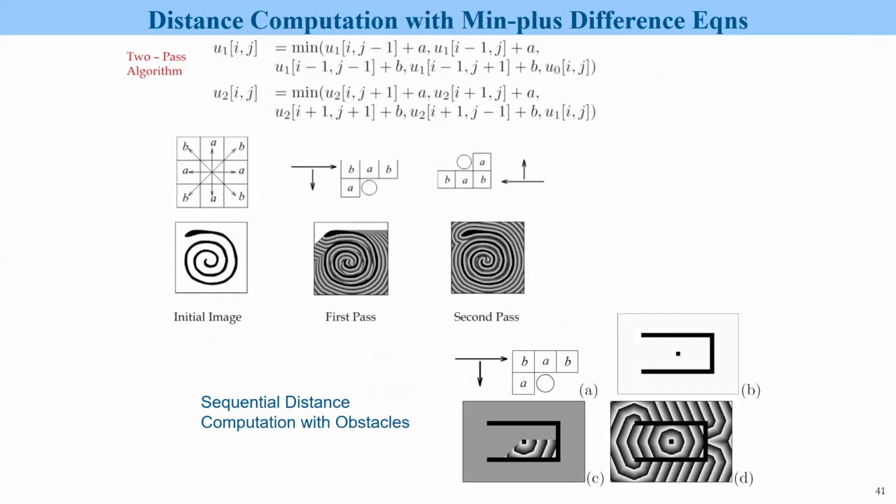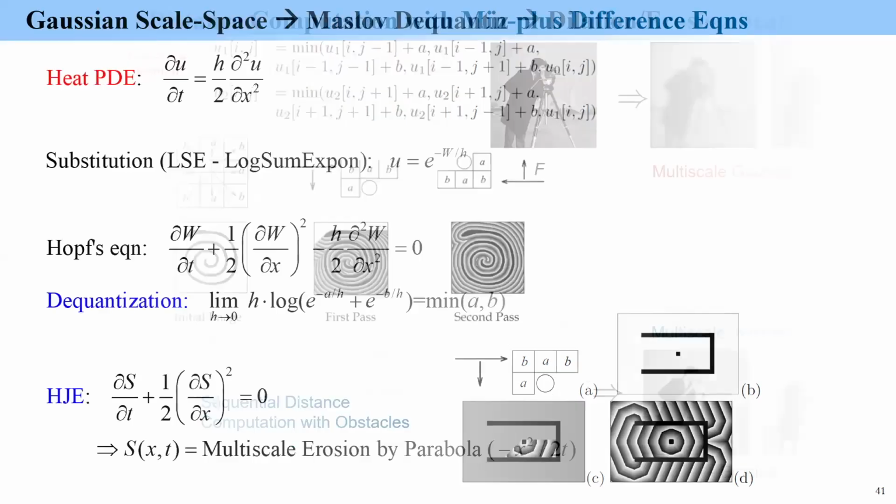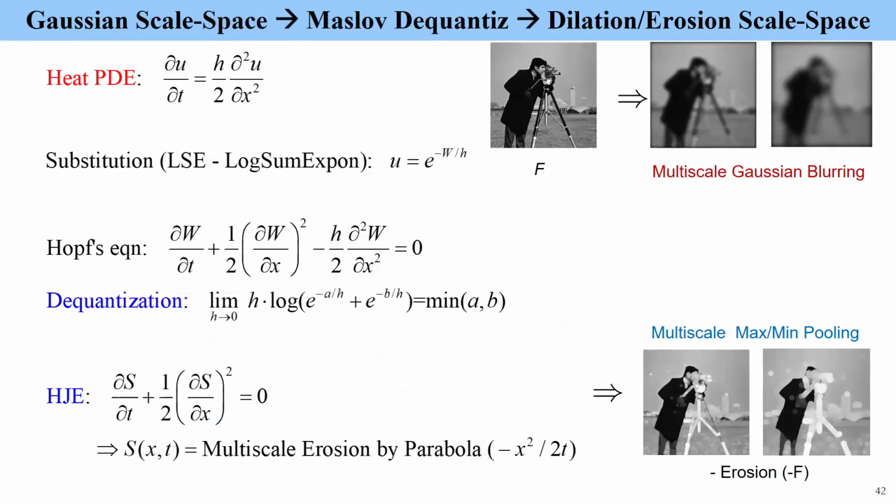In computer vision, distance transforms are essentially obtained by using recursive min-plus difference equations. In computer vision, scale is important, and multi-scale analysis is very important. The most well-known multi-scale analysis in computer vision is modeled in continuous form by the heat equation.